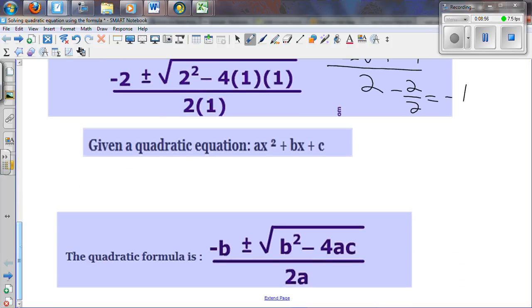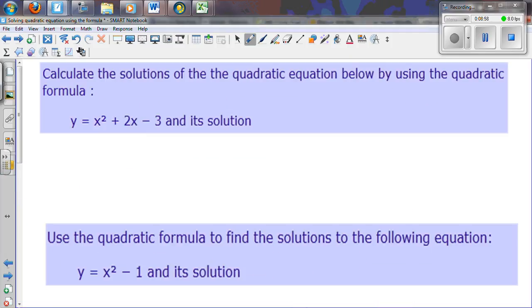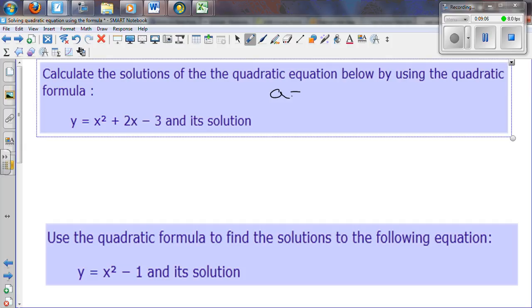All right, so let's try some problems. So here is y equals x squared plus 2x minus 3. Again, let's label what a, b, and c are. A is equal to 1. B is equal to 2. And c is equal to negative 3.